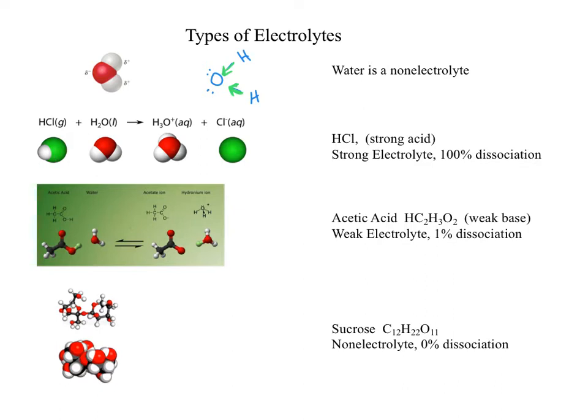HCl, you've got a great big chlorine here and a little hydrogen. Here's the water, and what happens here is the hydrogen from the HCl comes over to the water. So the HCl completely breaks up. The hydrogen separates as an H+. Sometimes we indicate that with an H+ over the arrow. It just means that that's the form in which the hydrogen is moving away from the HCl.